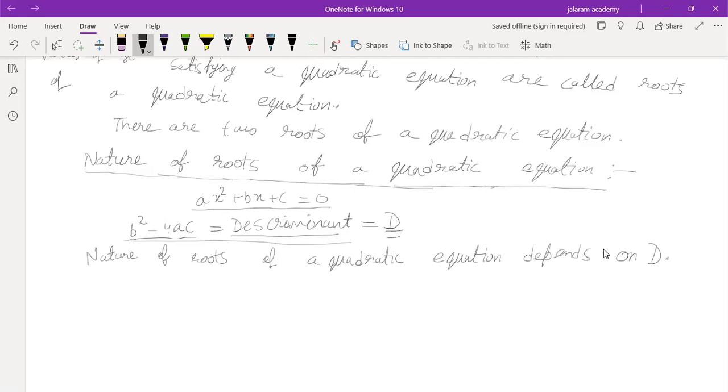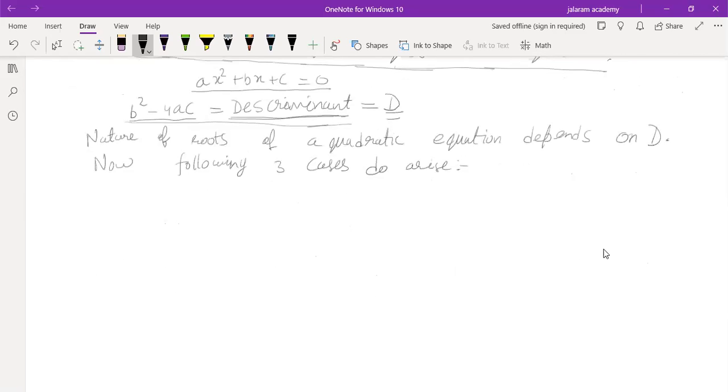Okay. Now, the following three cases do arise. On the basis of the values of discriminant, the nature of roots of a quadratic equation is described. Okay, so three cases do arise. Case 1.